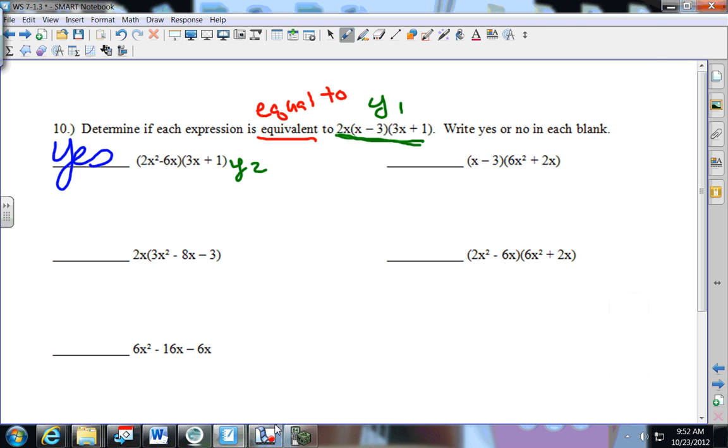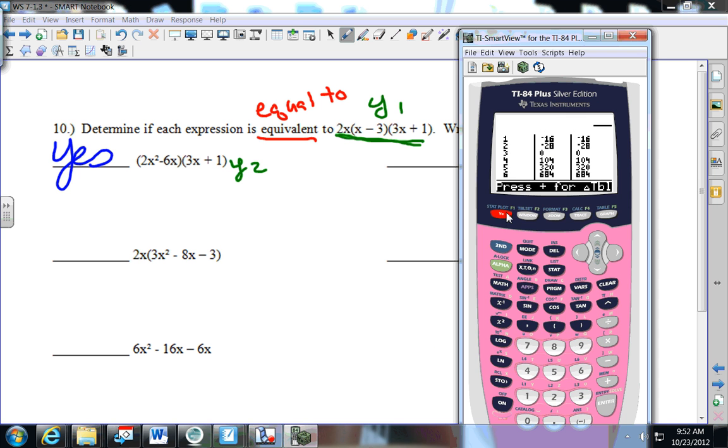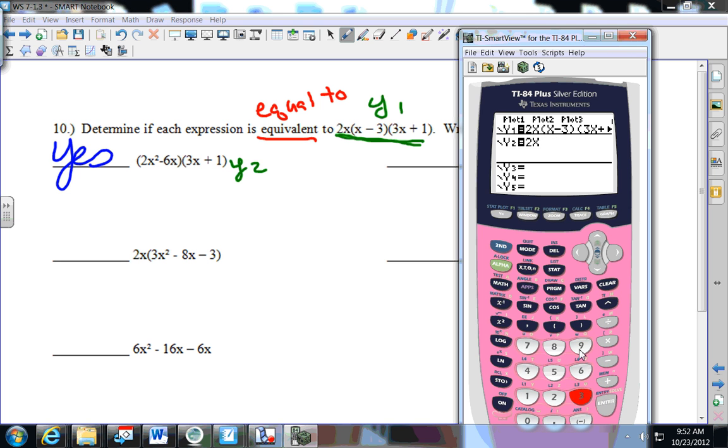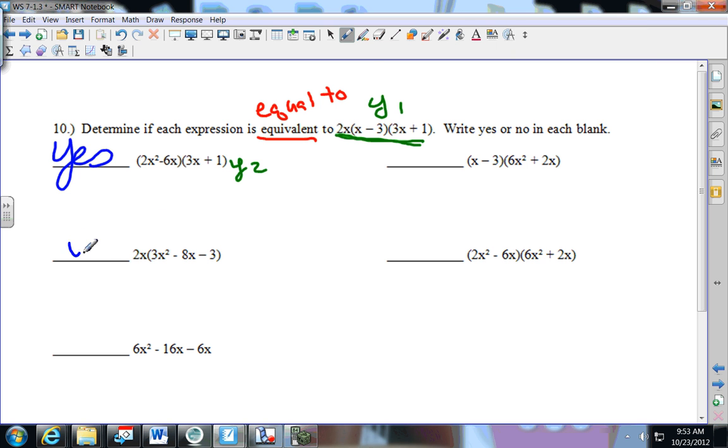Okay, so we should have gone in the calculator now for the next one. You would have put in there 2x parentheses 3x squared minus 8x minus 3. Press second graph. These two columns again are the same. So yes, they are equivalent.